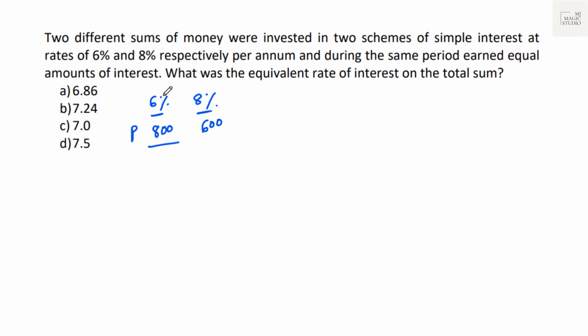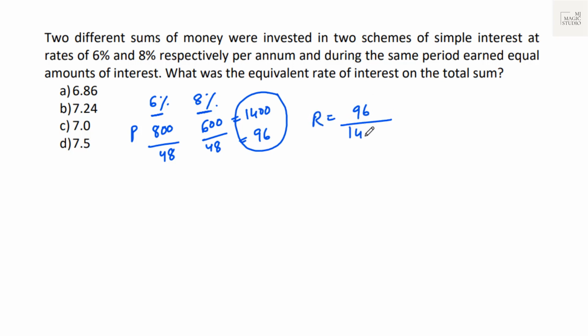What was the equivalent rate of interest on the total sum? The interest earned on the first one is 8 into 6, 48 rupees. Here also the interest earned is 48. Total interest earned is 96. Total investment is 800 plus 600, that is 1400. That is what we are supposed to find the rate on. Rate would be interest earned upon total investment into 100.